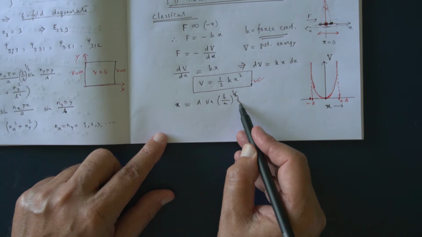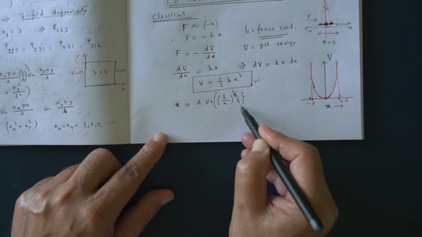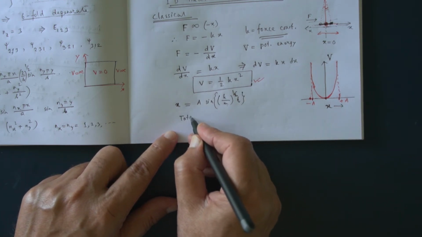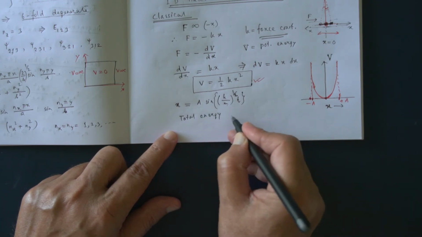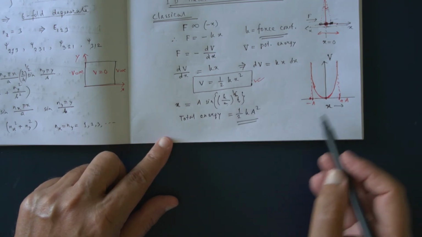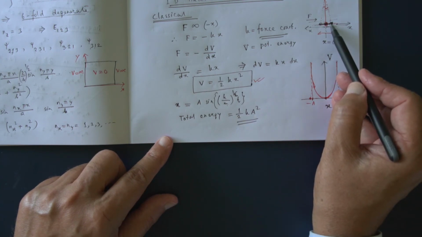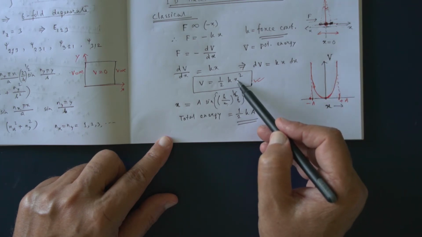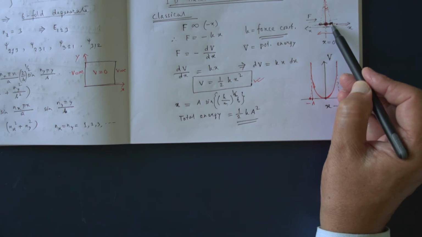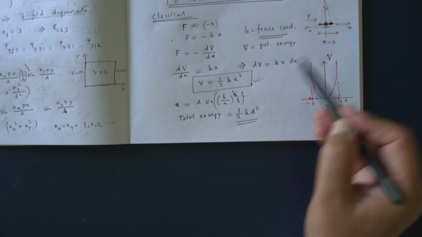We also get an expression for total energy, equal to half k a squared. Here x equals a, and at amplitude kinetic energy is 0, so total energy equals potential energy.